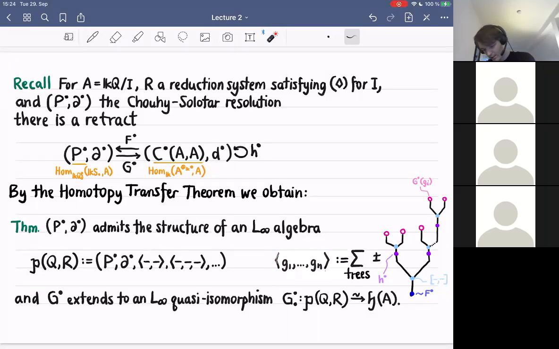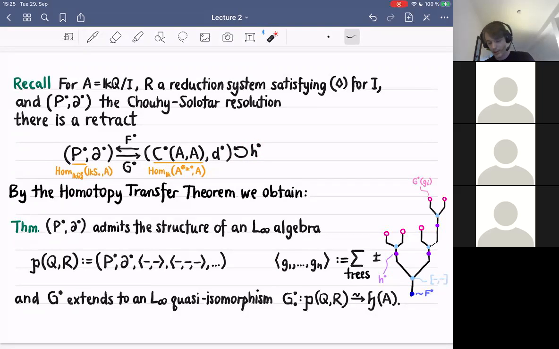At each leaf, you put one of the Gi, and then you use the comparison morphism to send these over from P to C, and then you put them at the leaves of the tree, and then you use the bracket, and then you use the homotopy H, and you do this again and again.